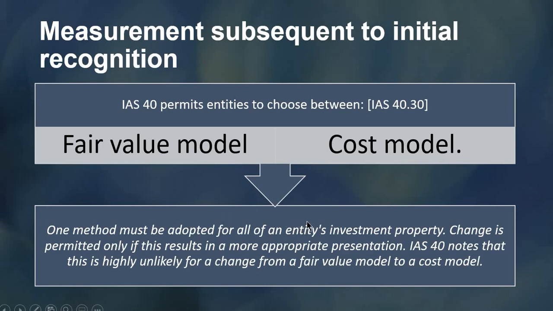All of them should be measured using the same measurement model. However, changes are permitted only if this results in a more appropriate presentation. That's according, again, to IAS 40. Notes that this is highly unlikely for a change from a fair value model to a cost model. So that is the measurement requirement subsequent to initial recognition required by IAS 40.